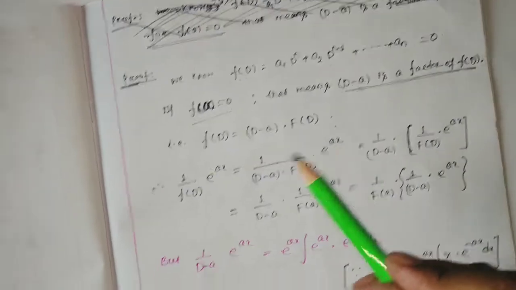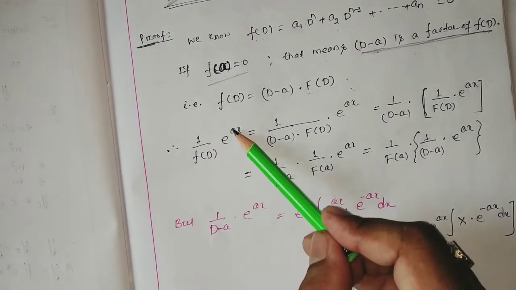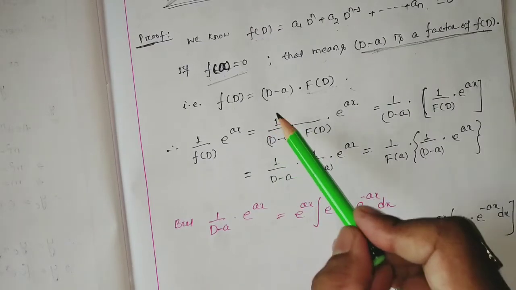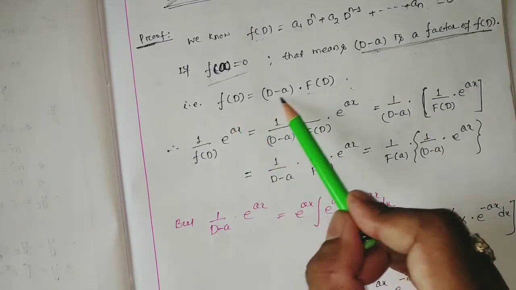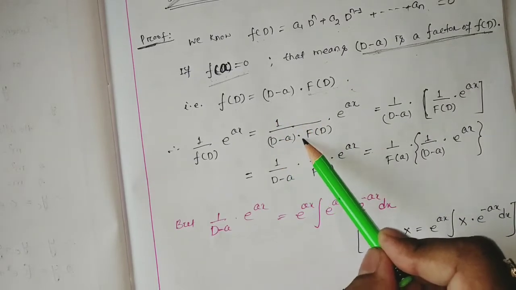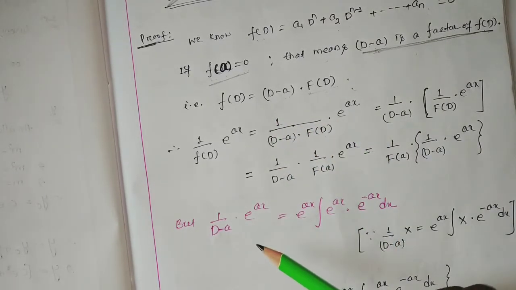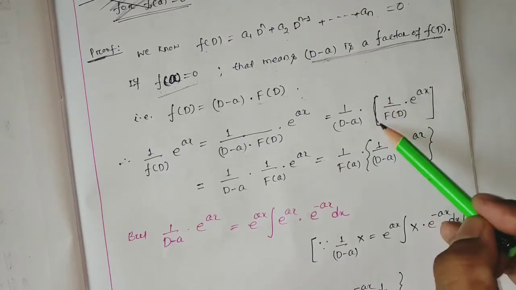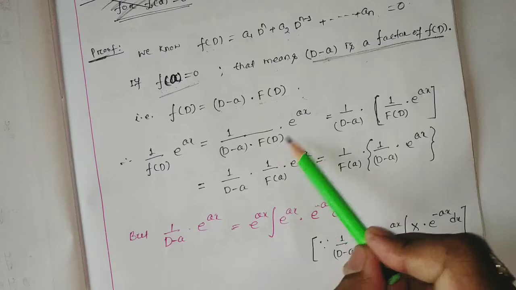Now 1 by f of D e to the power x will be equal to 1 by D minus a into F of D into e to the power x, which is 1 by D into, first we have to operate 1 by F of D into e to the power x.